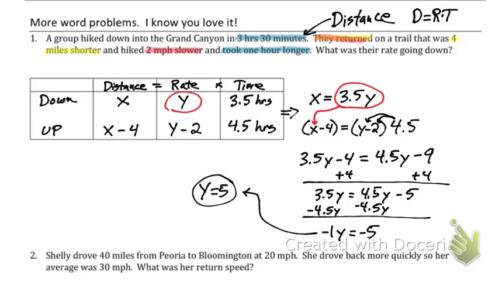That is just simply y. So if y equals 5, then our rate going down must be 5 miles per hour. And that's all they asked. For all the information that we have missing, that's all they asked for.